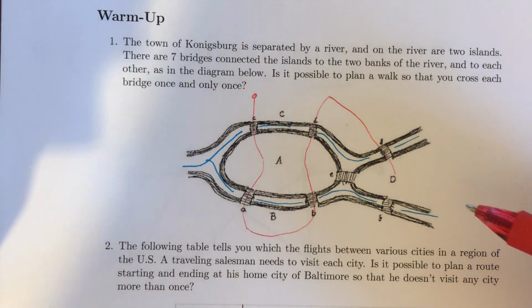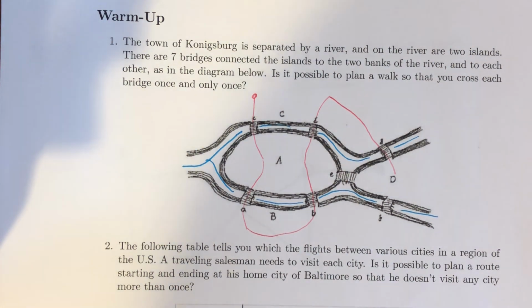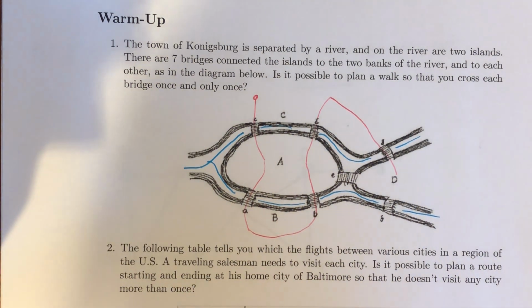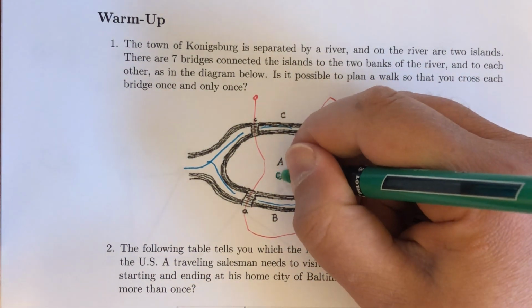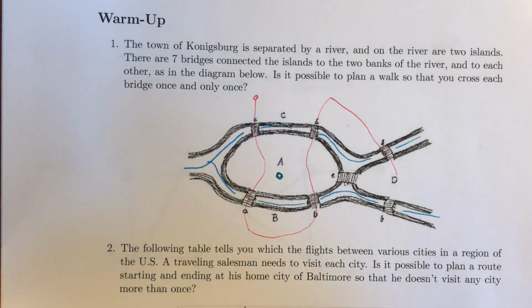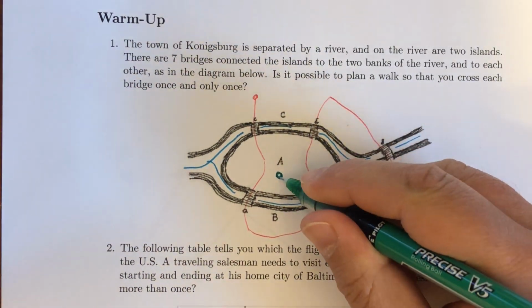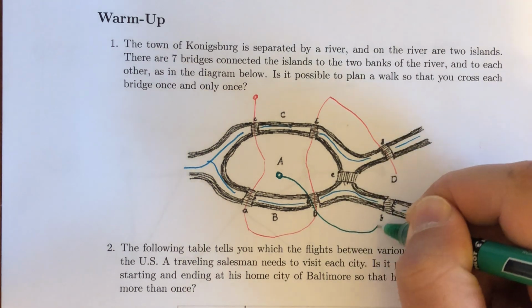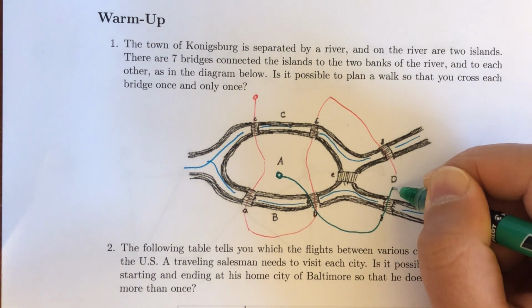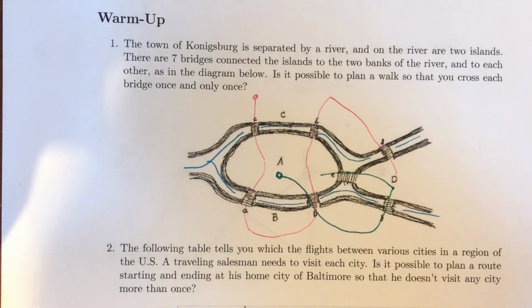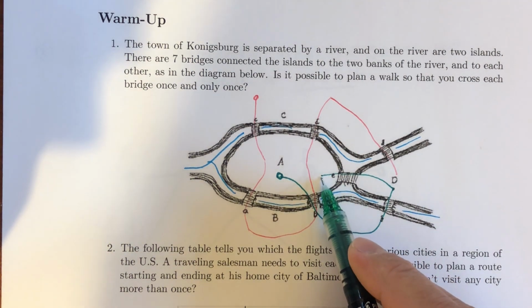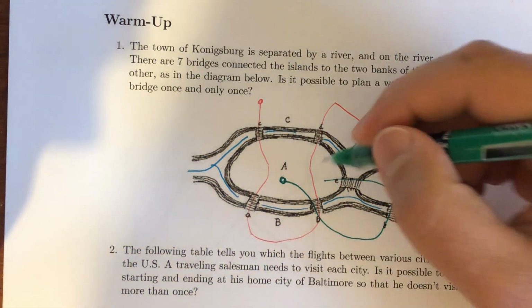So it doesn't seem like it worked that time, but maybe we just started at the wrong spot. Let's say we started in the middle here, on the middle bank, maybe that's where we live. Maybe I would come down to the lower bank, come up to this second island, and right away go into the first island again to get this bridge out of the way.